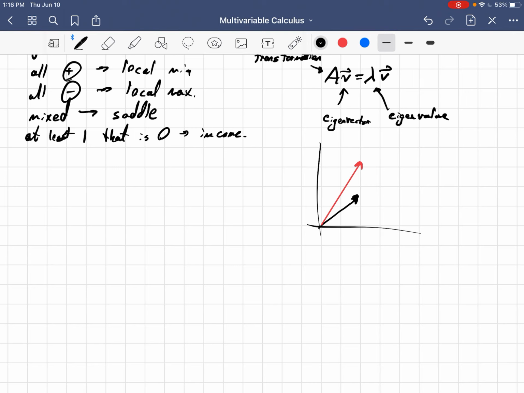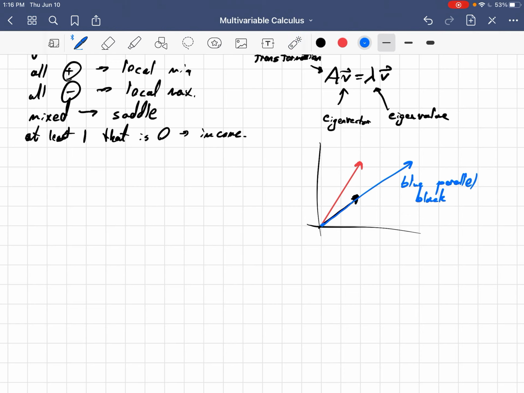Now, some vectors move to different vectors, right? Like that blue vector, like that red vector. But as it turns out, sometimes in some linear transformations, there are vectors that after you apply the linear transformation to the space, the vector lies on its span. In other words, it is just a scalar multiple of the original vector. In other words, this blue vector is parallel to the black vector.